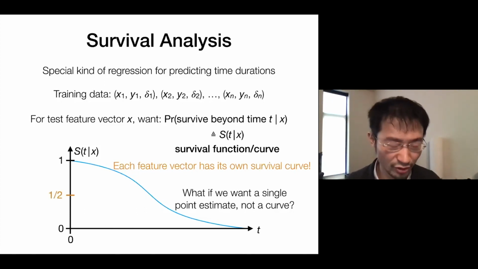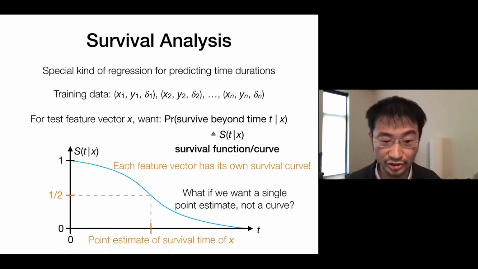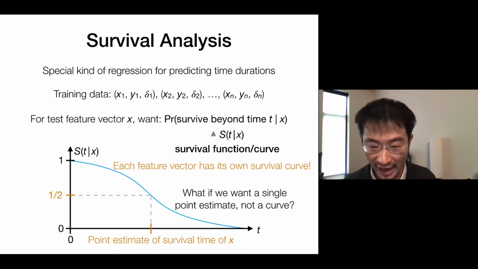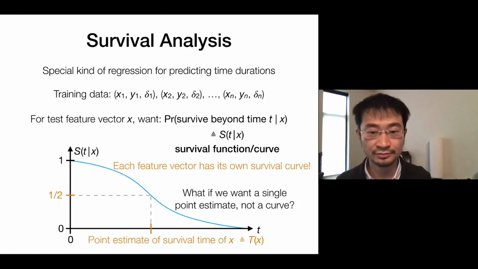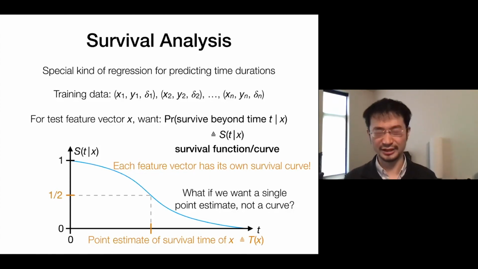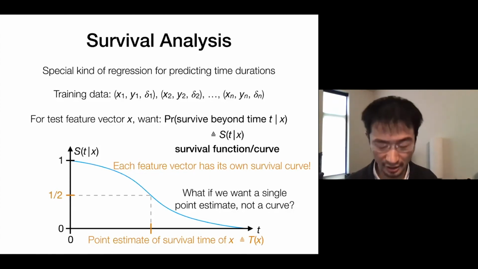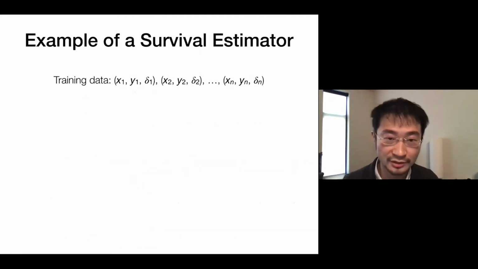So you can look at where the 1/2 point is, and you can treat this as a point estimate of the survival time for the patient with feature vector x, which I'll denote as T of x. So this is a quick explanation of the basic survival analysis setup.